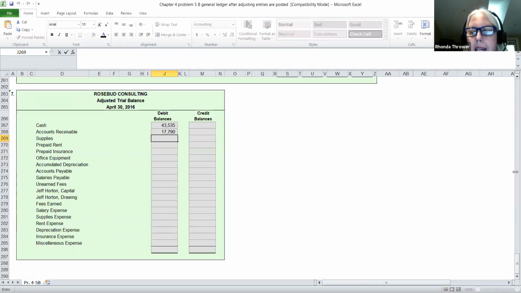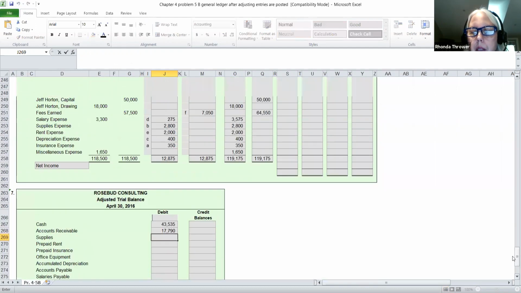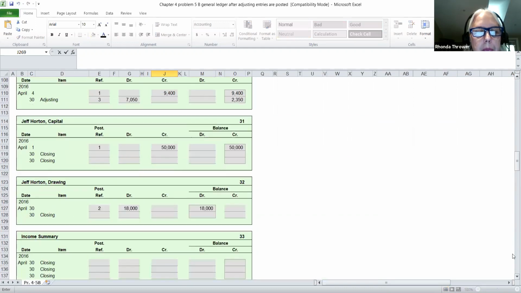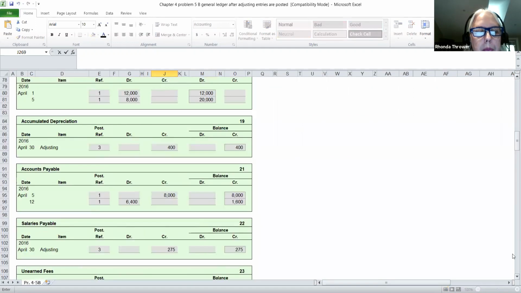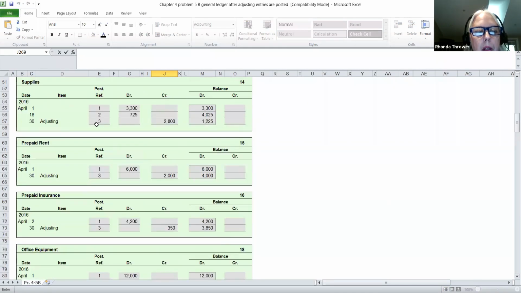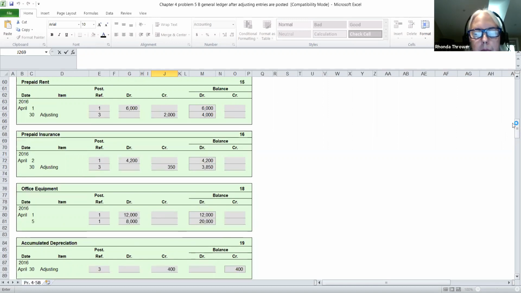The supplies account, ending balance, after we posted the adjusting entry, is $1,225.